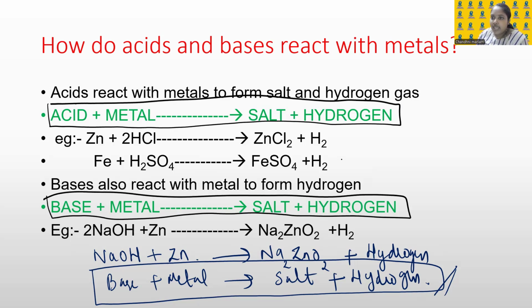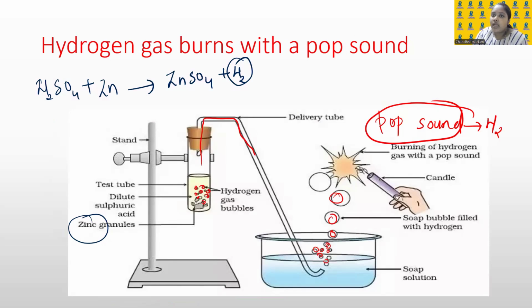Whether it is an acid or a base, if it reacts with a metal, it forms salt and hydrogen. Never forget that. To prove that the evolving gas is hydrogen, we can set up sulfuric acid and zinc granules, and test the evolving gas with a burning matchstick or candle. If a pop sound is heard, we can confirm that it is hydrogen.